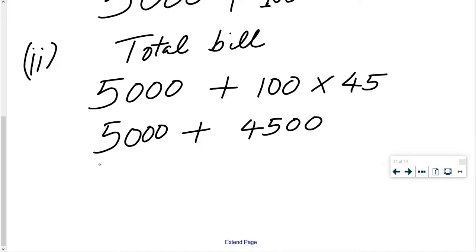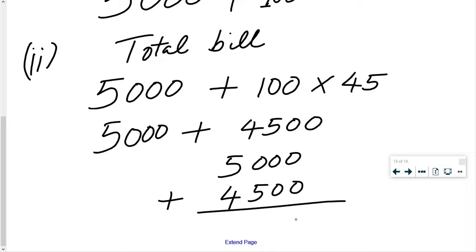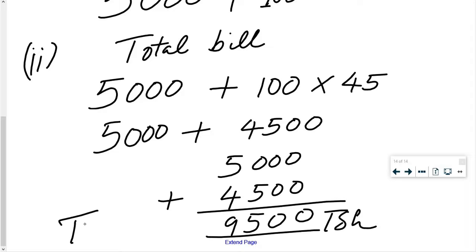When you add 5,000 plus 4,500, the answer will be 9,500 Tanzanian shilling. This will be the total bill.